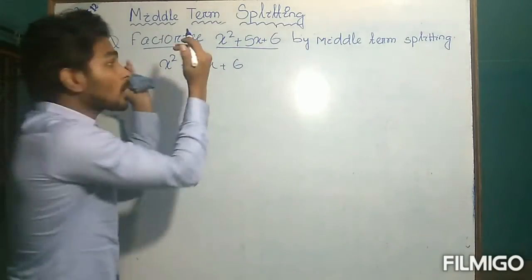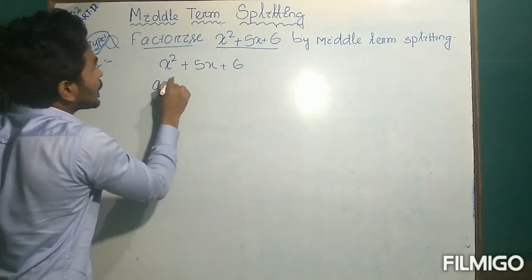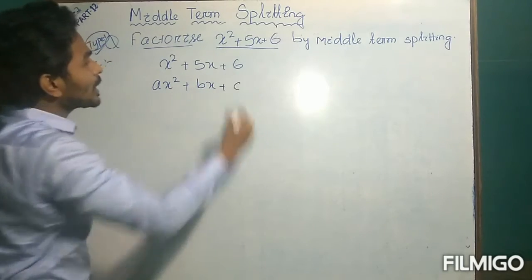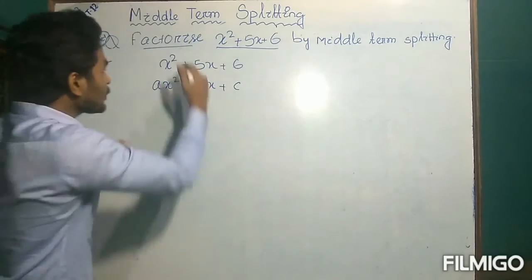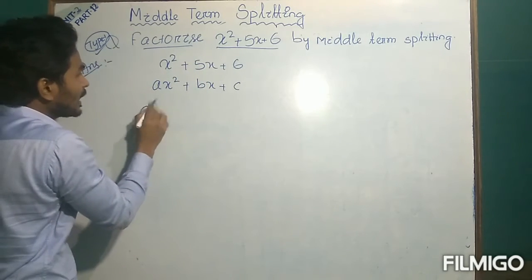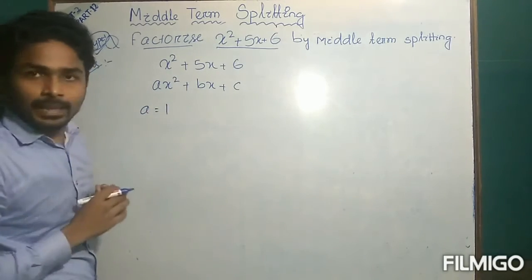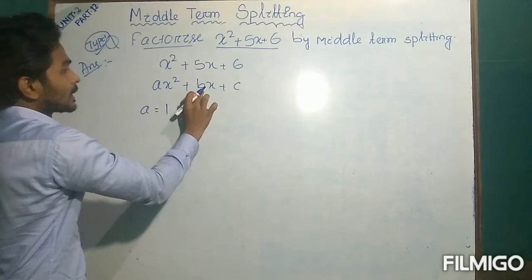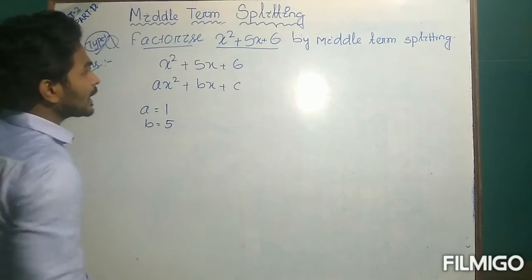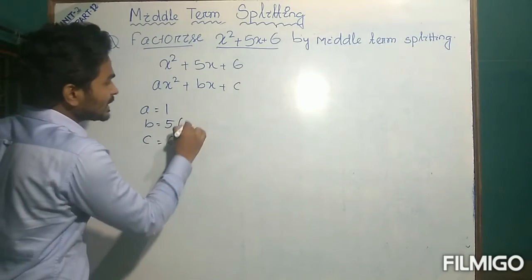So first we have to compare this with the general equation of quadratic polynomial. From here you get the value of a. A is the coefficient of x square. Here the coefficient of x square is 1. Again, the value of b is 5, and the value of c is 6.